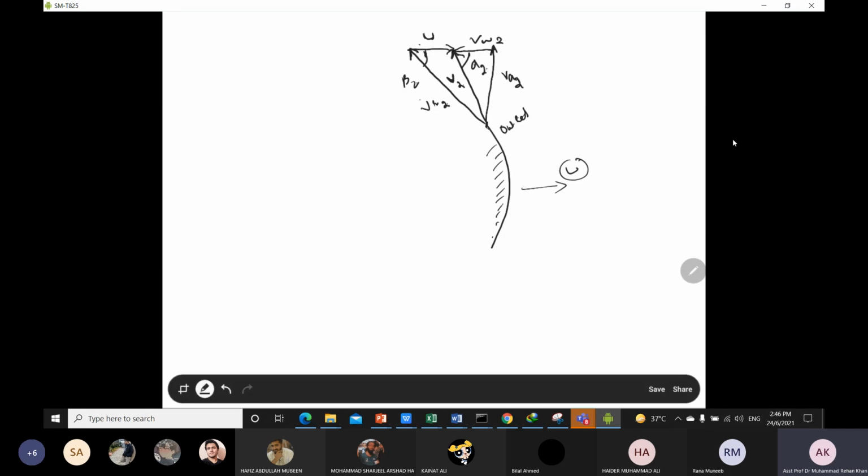Alpha 2 is the angle made by the absolute velocity V2 with the tangent of the wheel at the outlet. In the inlet case we have alpha 1, the nozzle inlet angle, but here there is no nozzle, so it is not a nozzle inlet angle. Beta 2 is the blade outlet angle. So this is the velocity diagram at the outlet, the same velocity diagram which I have already shown in the slide.